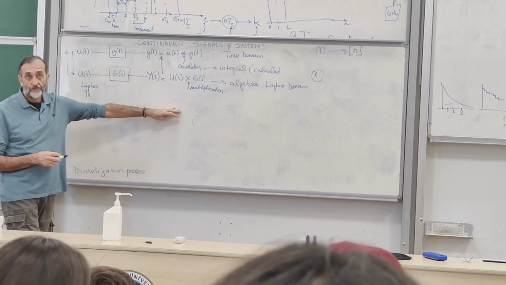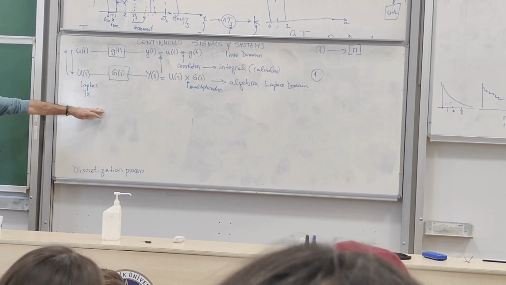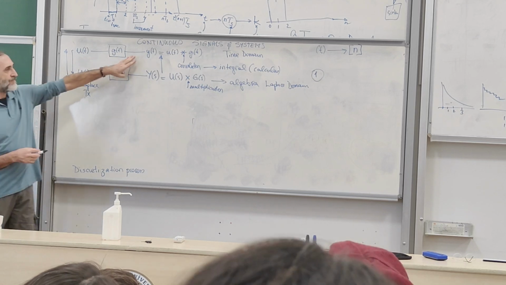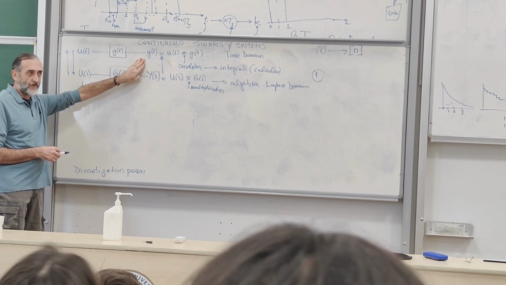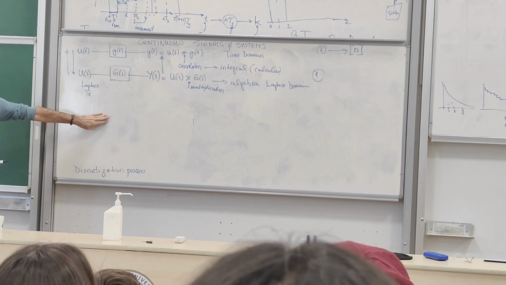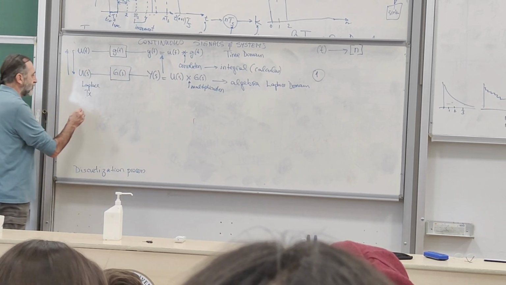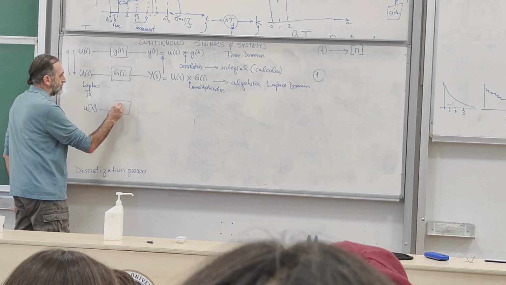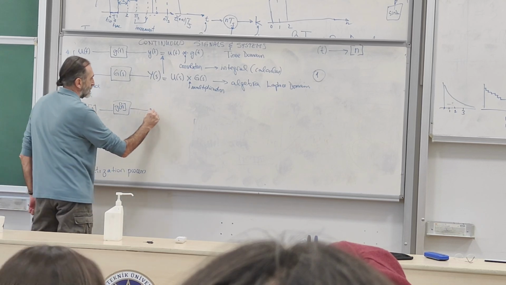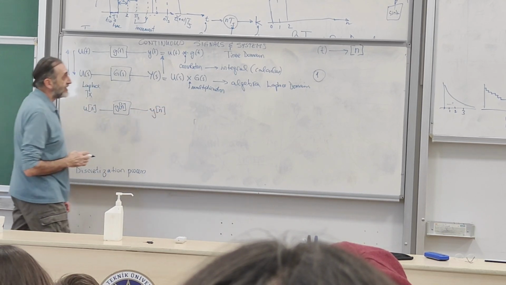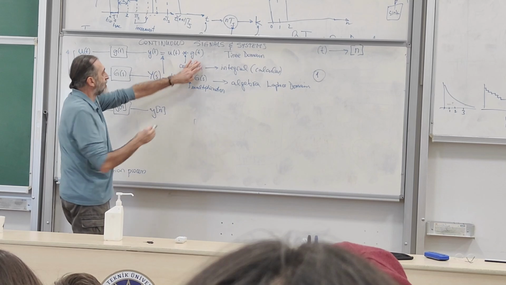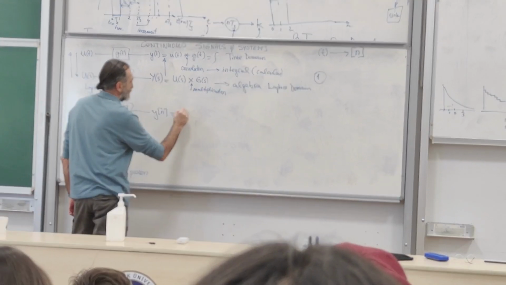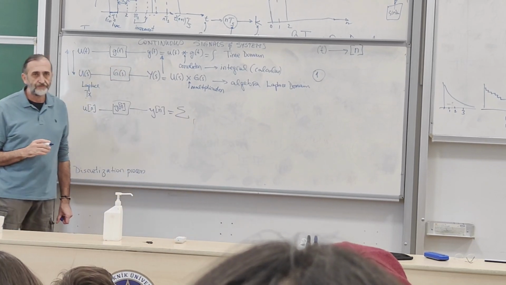In the discrete system, the convolution operation turns this integral into a summation.